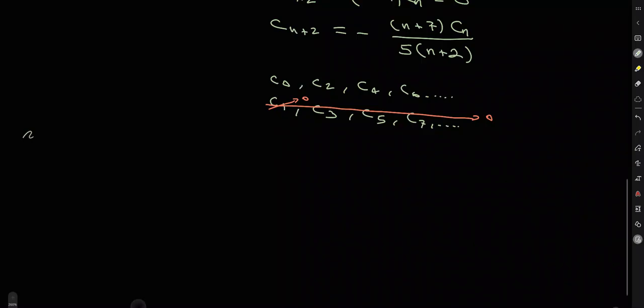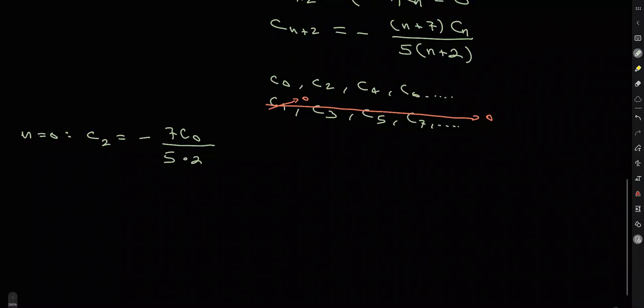So for n equals 0, that is c sub 0 plus 2, that equals negative 0 plus 7, that is 7 c sub 0, divided by 5 times 0 plus 2, which is 2. So that's our coefficient of x squared, right?